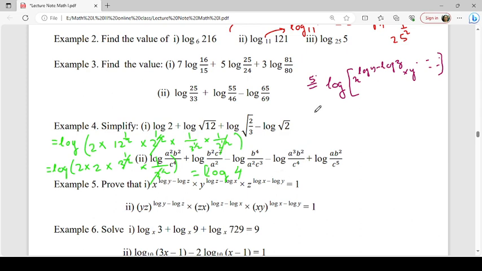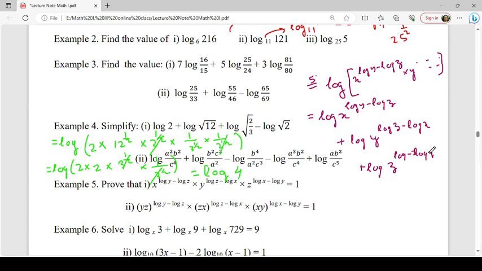Then log of m into n we can apply, so we can write it as log of x to the power log y minus log z. Then plus log y to the power log z minus log x, and again plus log z to the power log x minus log y.